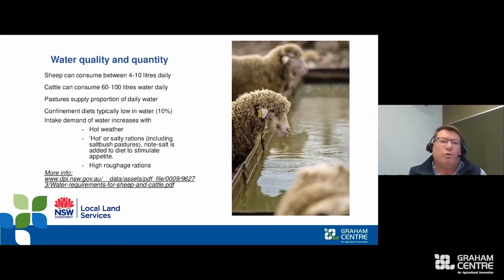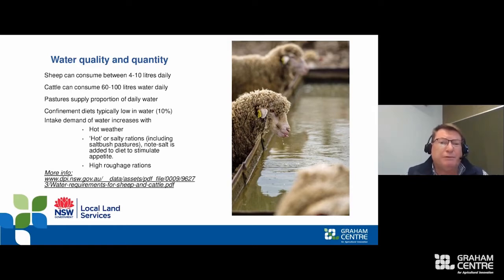Water quality and water quantity. I'm going to make a point here of elaborating on this again, because water is probably one of the most important areas of the nutritional requirements of sheep, because you have water, protein, energy, minerals, vitamins, sort of in that order. For sheep, you can see there between 4 to 6 litres per day is required. Cattle, 60 to 100 litres of water per day.